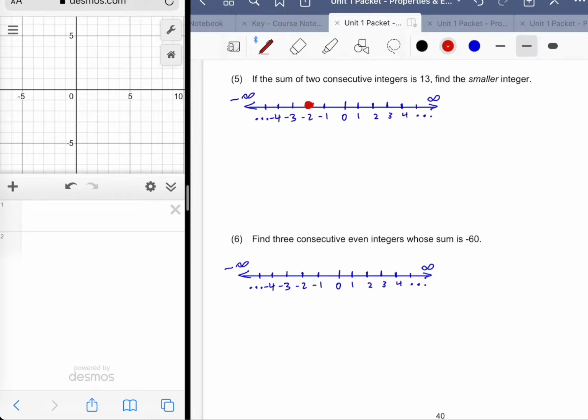If I want to get to the next consecutive integer, I would need to displace by one positive unit. So this is 1 unit of displacement to the right.